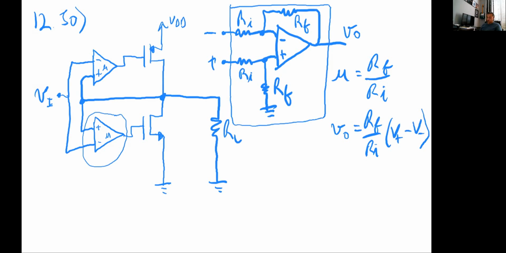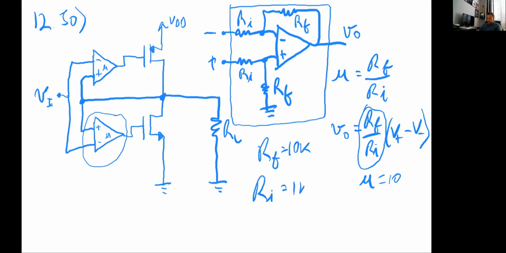Okay, so we're going to be asking this problem to calculate mu, and we're going to see that that's equal to 10. Yeah, so you could make that by making something like that. Okay, so that's what we're going to be looking at.